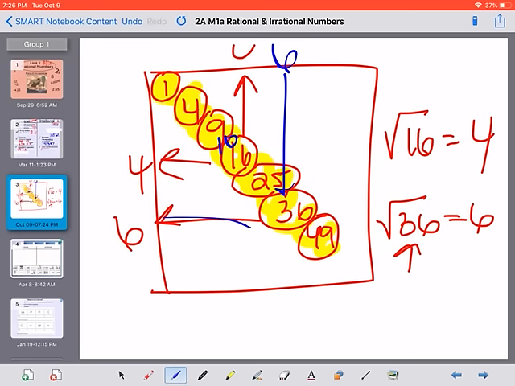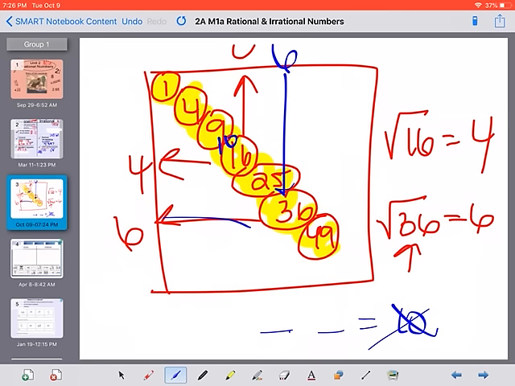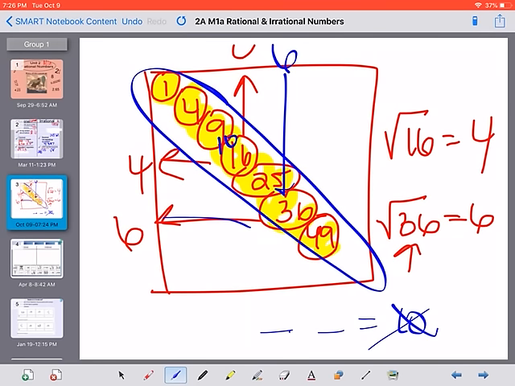We don't have the same number multiplied by itself to give us 10. It's not possible. So that would be a non-perfect square. Anything that's not on that list, the square root of 8, the square root of 50, none of these numbers were on that list. Like 1 times 1 is 1, 2 times 2 is 4. All of these are our perfect squares. Only looking at the highlighted ones.